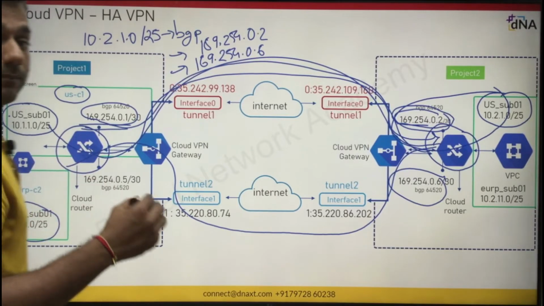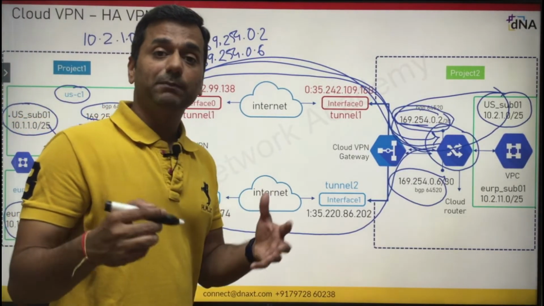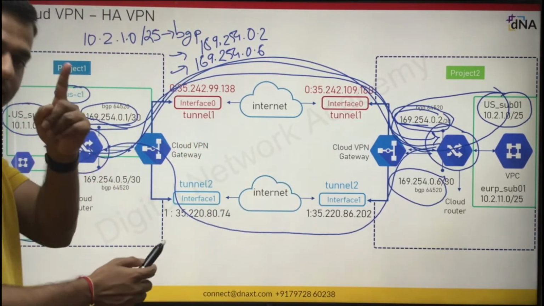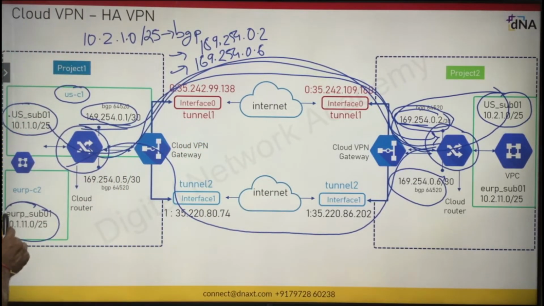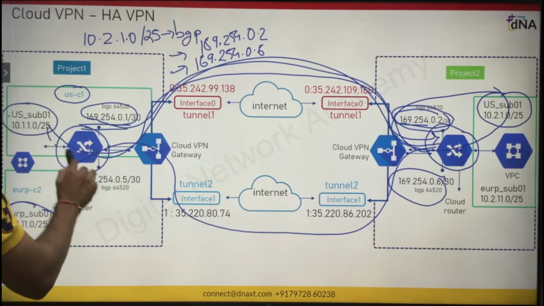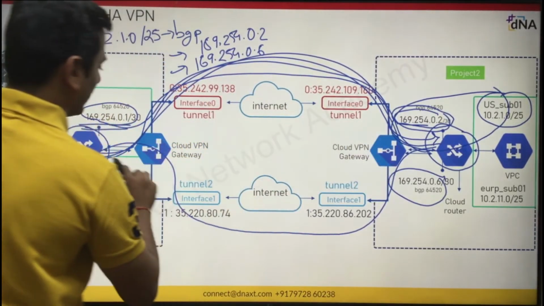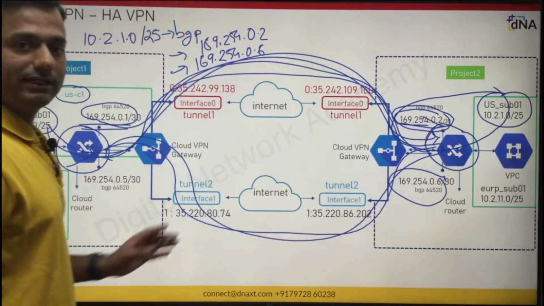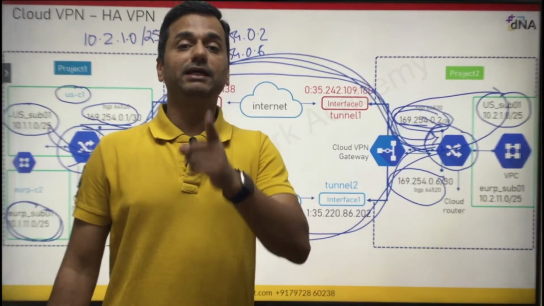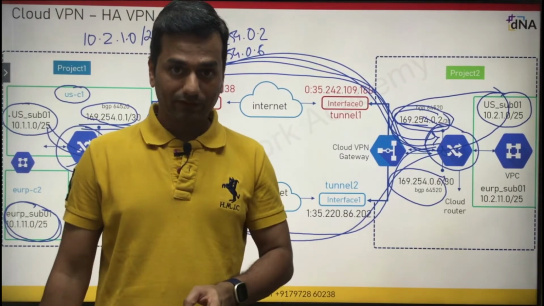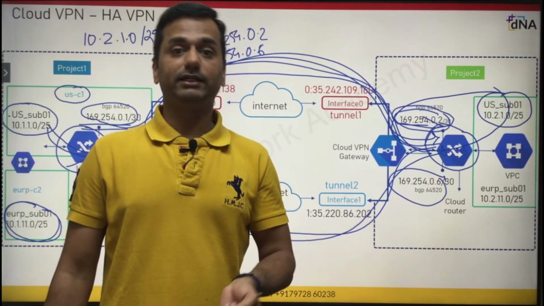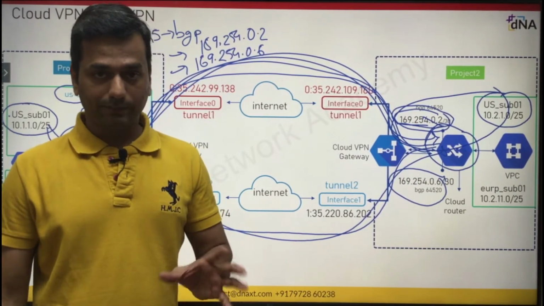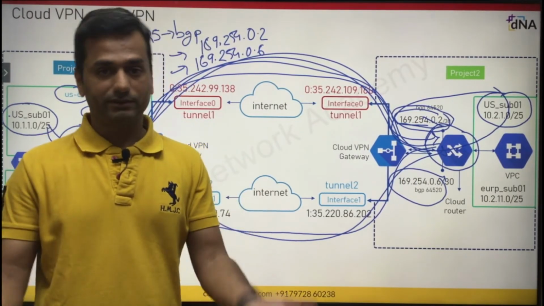But if your VPC dynamic routing mode is global, then guaranteed, guys, this Europe route will also be advertised to your project 2 via the 2 BGP neighbors. It depends on the VPC dynamic routing mode, whether it is regional or global.